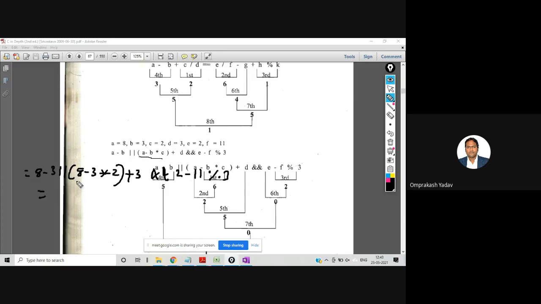Okay, so first we're going to resolve this bracket. So 8 minus 3 into 2 will be what, 10, right? And then plus 3, and 2 minus 11 mod 3.